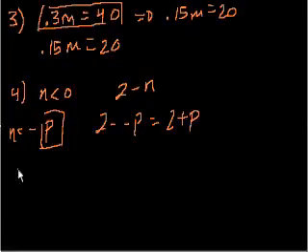Next problem, problem number 5. The ratio 1.2 to 1 is equal to which of the following ratios? So they give us a bunch of choices. 1.2 to 1, so it's a little bit more than 1 to 1. So we could look at 1 to 2.